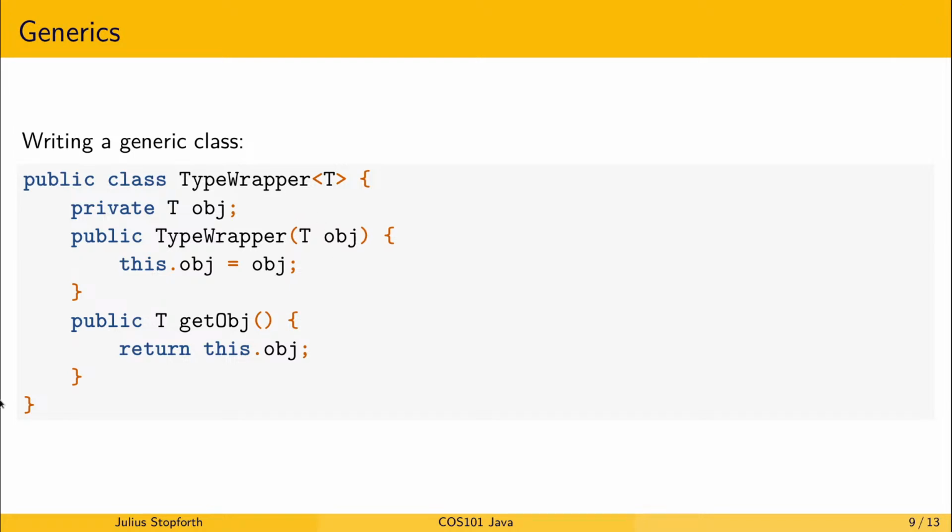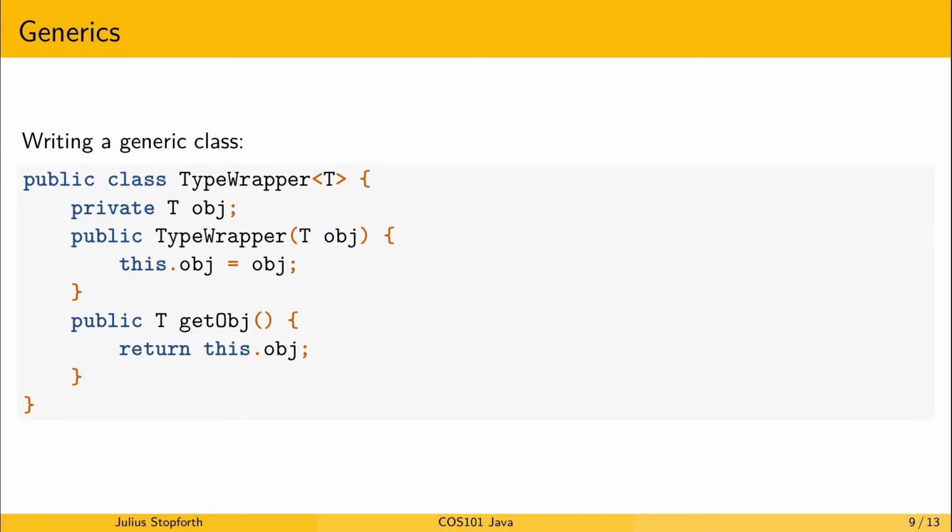We can write a generic class by specifying a generic type in the angle brackets. When we define a new class, we typically use a single uppercase letter to denote the type, and we'll talk about some more of the conventions. A type is essentially like a little template, a placeholder for another type, such as String or whatever class we give it.